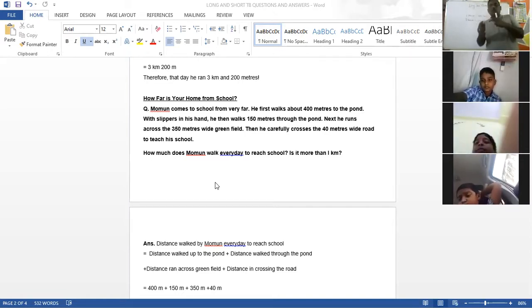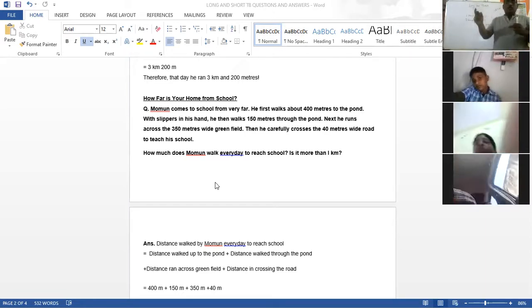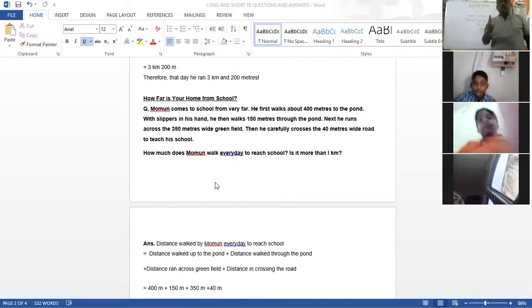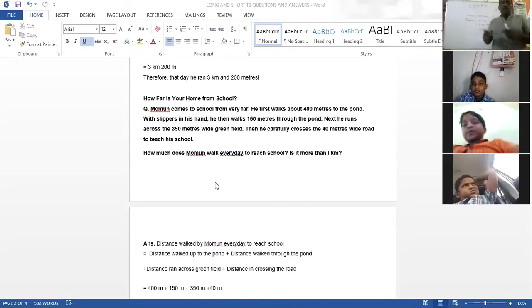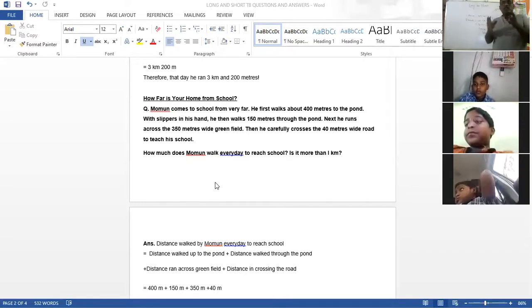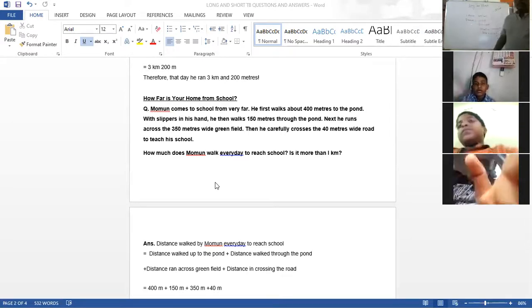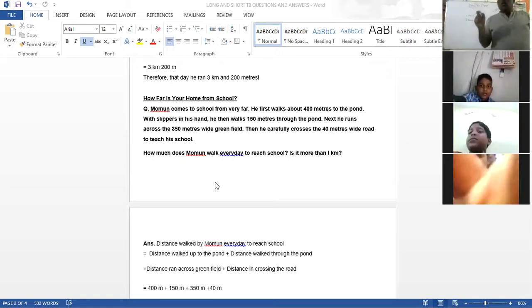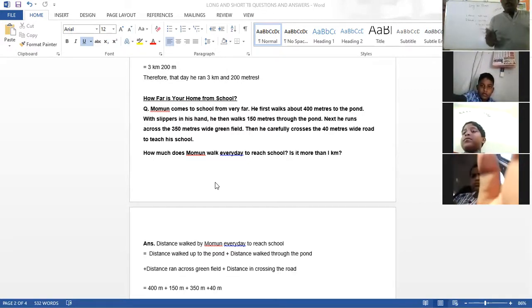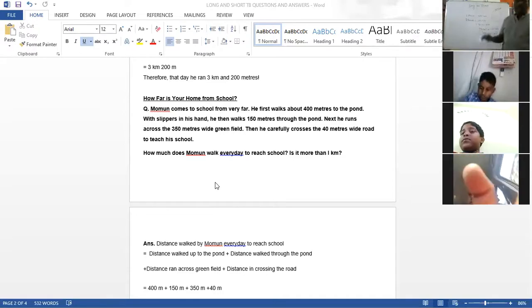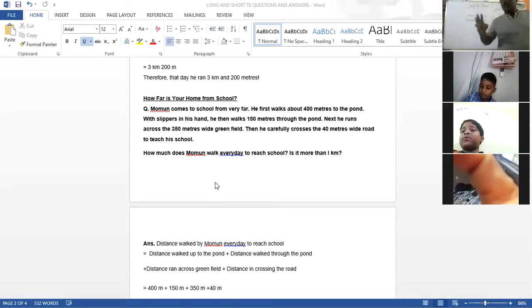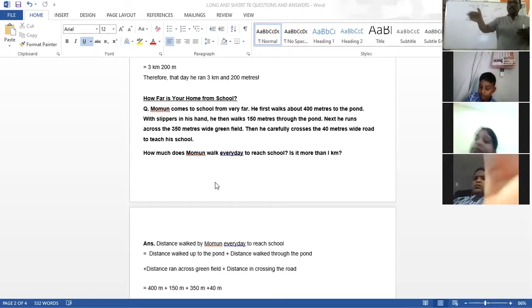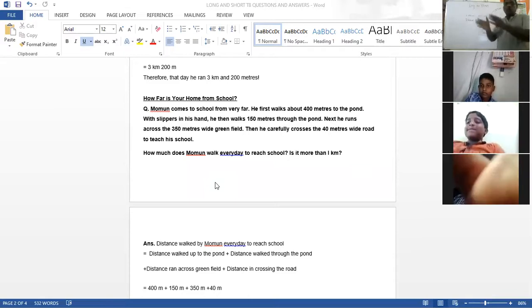Okay, he walks 400 meters to the pond. Then he walks 150 meters through the pond. Next, he runs across a 350 meters wide green field. Then he carefully crosses the 40 meters wide road. So he covers four different areas: the way to the pond, through the pond, the green field, then the narrow road.